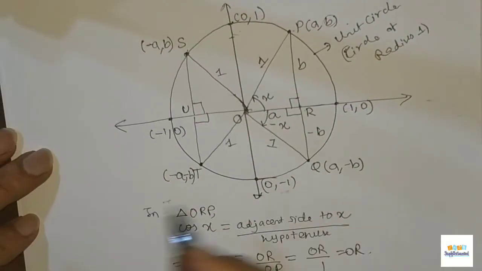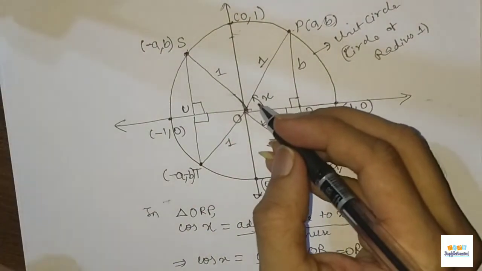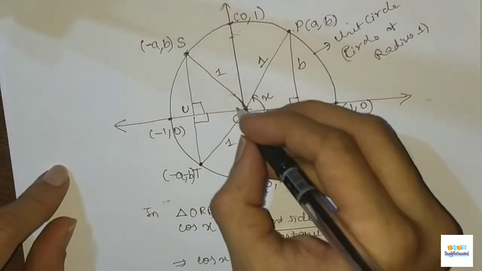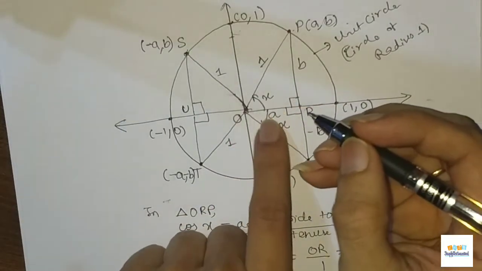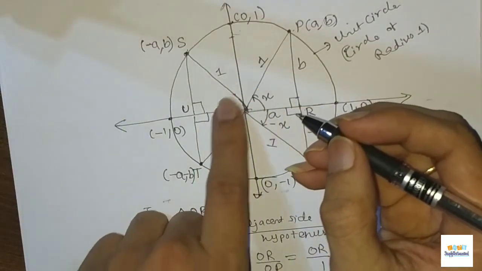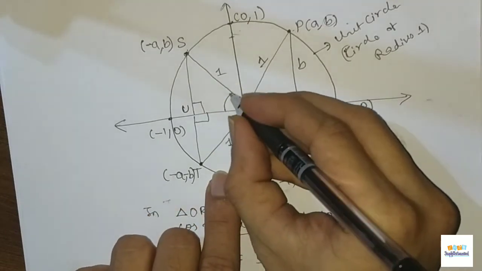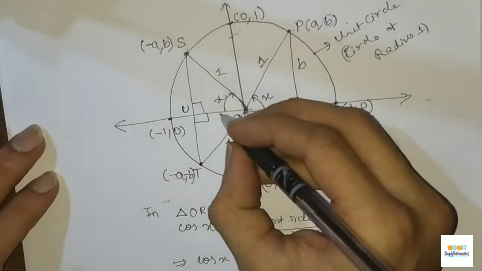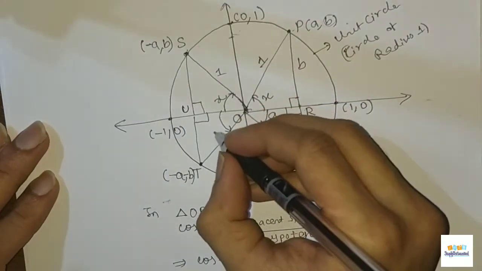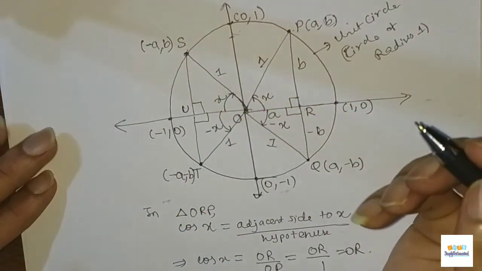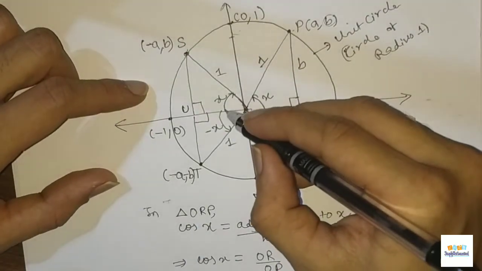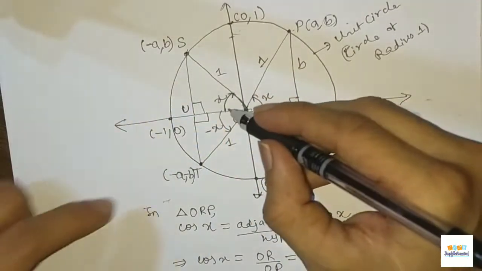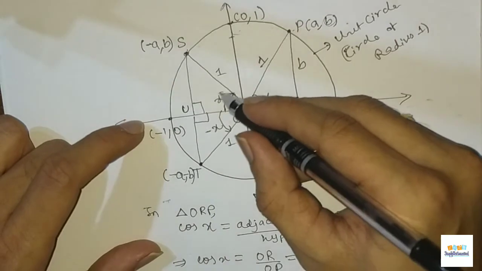Now if you look at cos x, what is x here? What is the angle? Whenever you take the angle, you have to take it from the x-axis, always. So let the angle be x here, and let this angle be minus x. You will ask me, this is in the clockwise direction, so this angle will be negative.